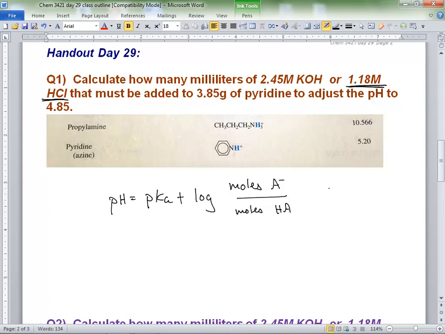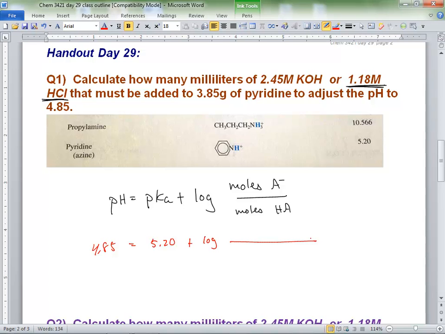So that means the neutral form must be the conjugate base. Okay. So let's just follow Brandy's suggestion here. This is 4.85. pKa 5.2. Okay. What do we put in for the rest of this stuff? Yeah.